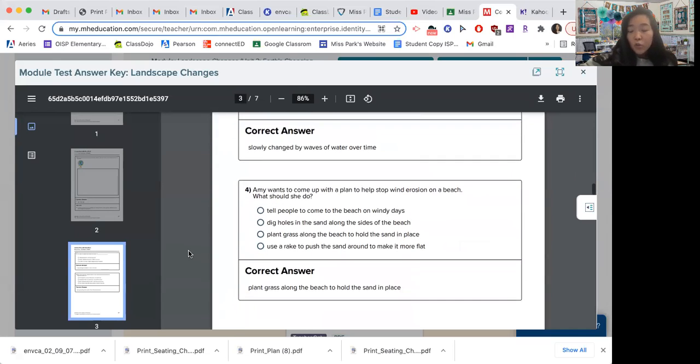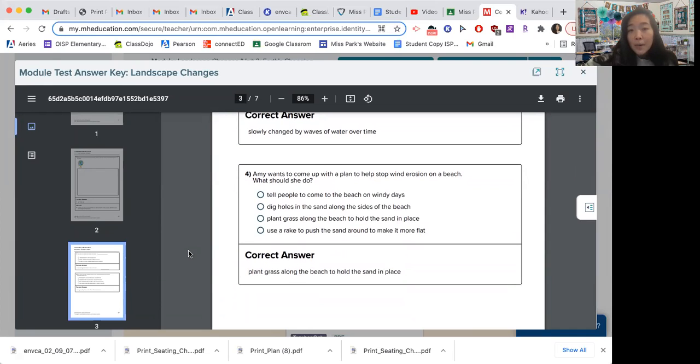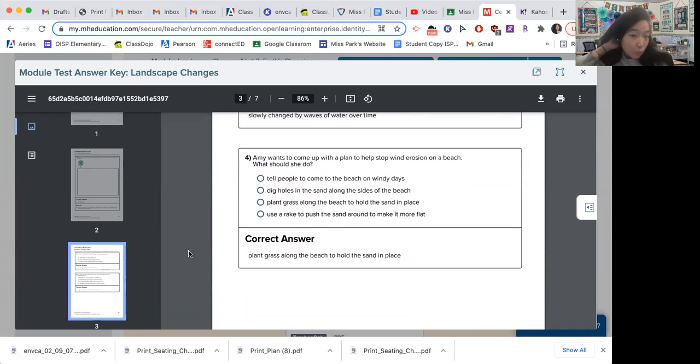Number 3, Amy wants to come up with a plan to help stop wind erosion on a beach. What should she do? She should plant grass along the beach to hold the sand in place. Remember, there was that one we watched where I think they were putting toothpicks or pieces of paper into the sand.